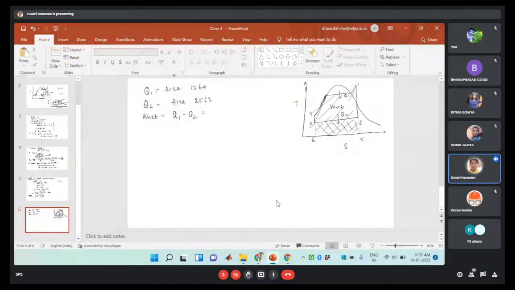So this is the W net. The area within the process diagram is nothing but the network output. So network output is proportional to the area 1, 2, 3, 4. Got my point?